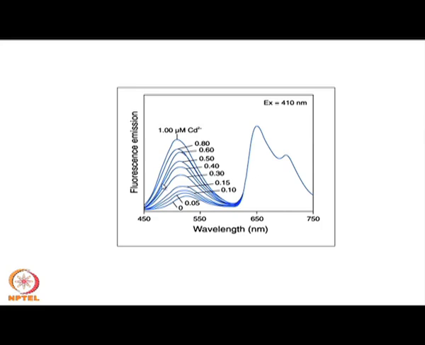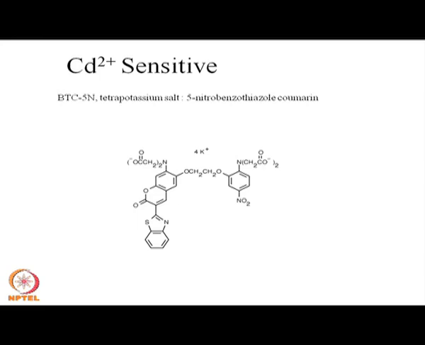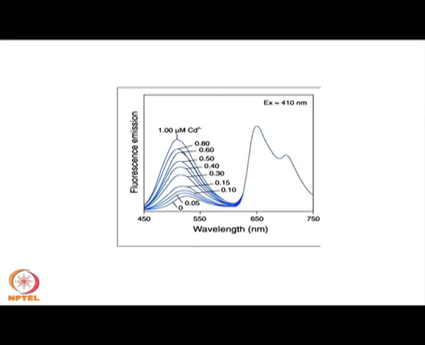So, BTC 5N tetrapotassium salt can be used for cadmium 2 plus sensing. That means using fluorescence spectroscopy we can also do the diagnosis with respect to this detection and at the same time maybe estimation of different ions in solution.